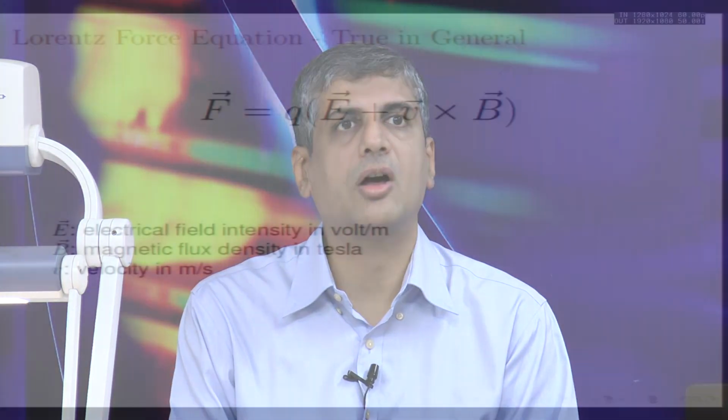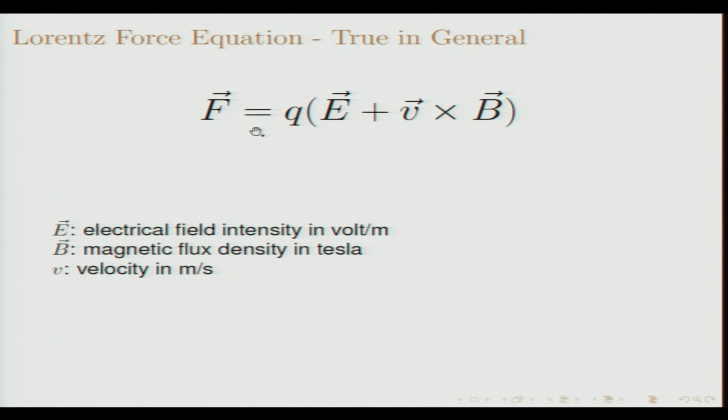Now, what is essentially the difference which we find when we try to generalize this law? I told you that this law is valid only under static conditions, that is in steady state where the charges do not move. A more general law is the Lorentz force law or the Lorentz force equation, which tells us that the force is equal to the charge and it depends on the electrical and magnetic fields at that point where the charge is.